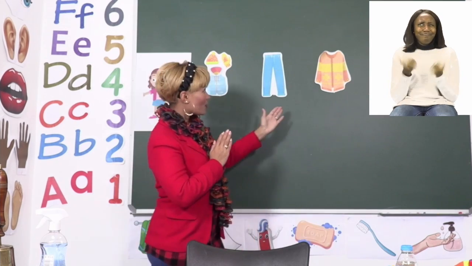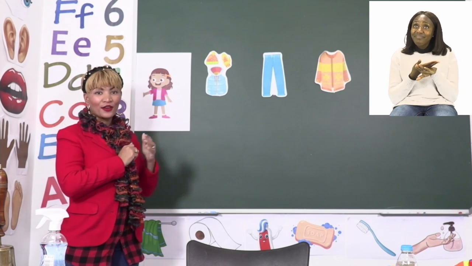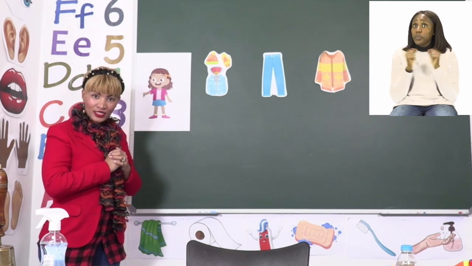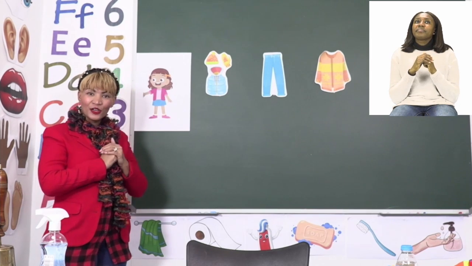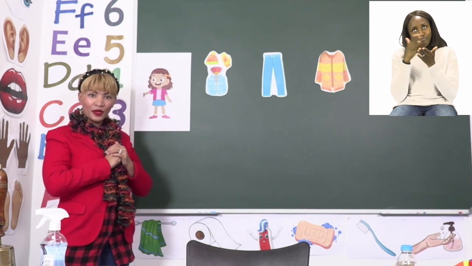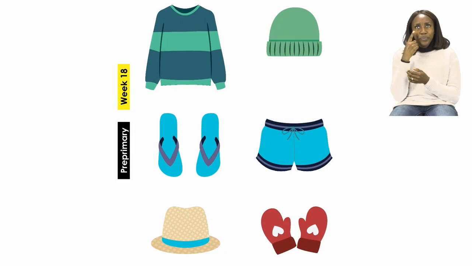So now that you have an example of all the types of clothes that you have to wear in the winter or in the cold weather, we can now go back to the activity on page 20 and have a look at which clothes you will wear in cold weather. In the activity, it says you have to circle all the clothes for cold weather.